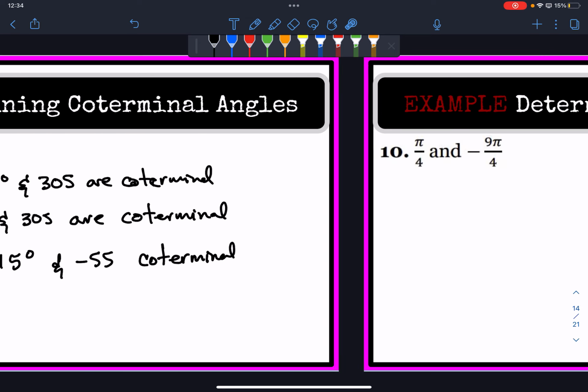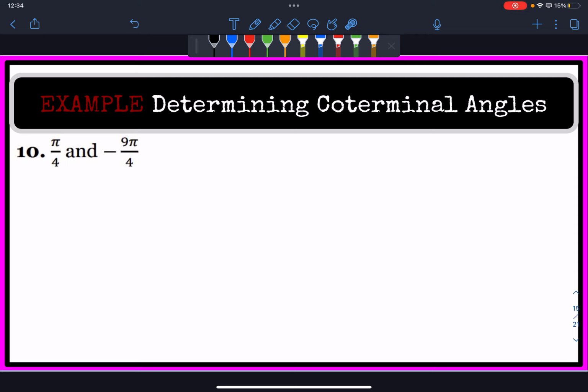Now, if our angles are in radians, we do the same thing. We just simply use the radian equivalency of 360, which is 2 pi. So to find the coterminal angles of pi over 4, we're simply going to add 2 pi, which is pi over 4 plus 2 pi.